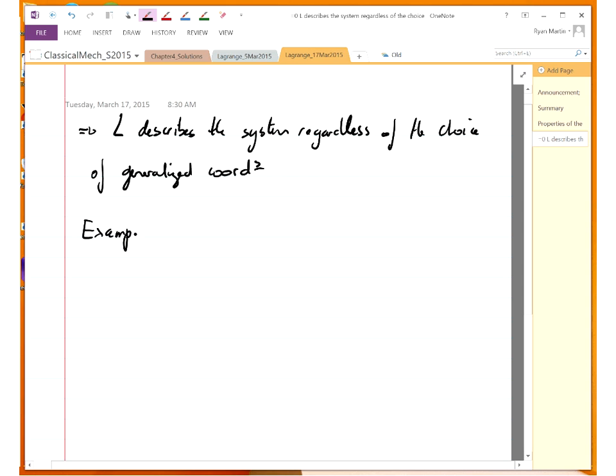So let's do an example, which is 4.6 in the notes. And this is the Lagrangian for a particle in a gravitational field.